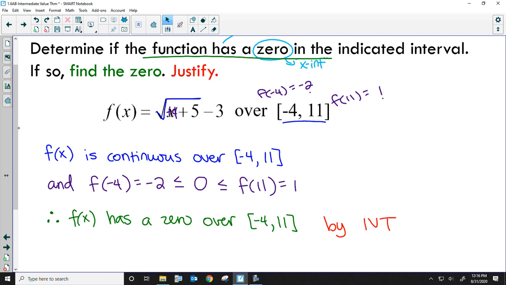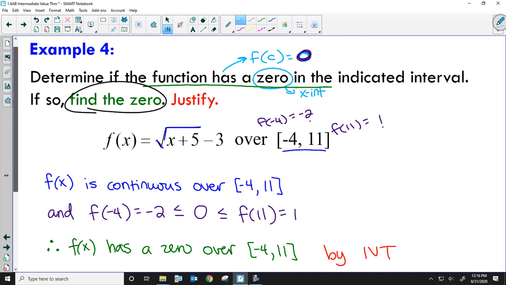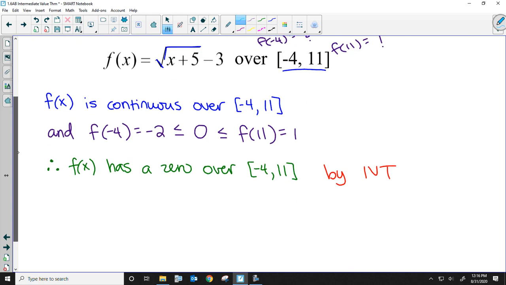But now it says, if so, find that 0. So now we need to actually find what c value makes an output of 0. That's going to look like, remember, f of c equals 0. That's basically what I'm going to do.